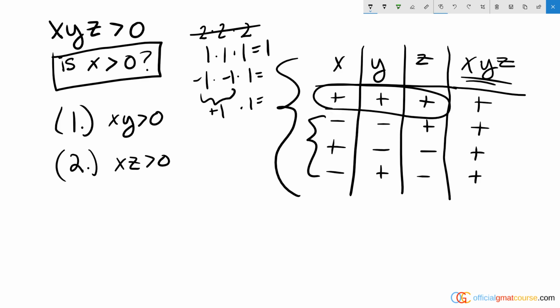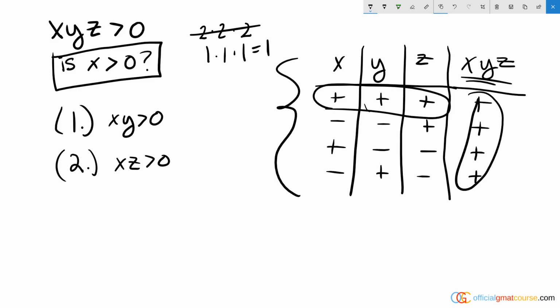I've listed out the situations that we could have in terms of solving for our positive XYZ, which we're guaranteed to have. So looking at statement 1, given that we know XYZ is positive, can we tell if X is positive or not? XY is greater than 0. Well, this could be positive, positive, or negative, negative.